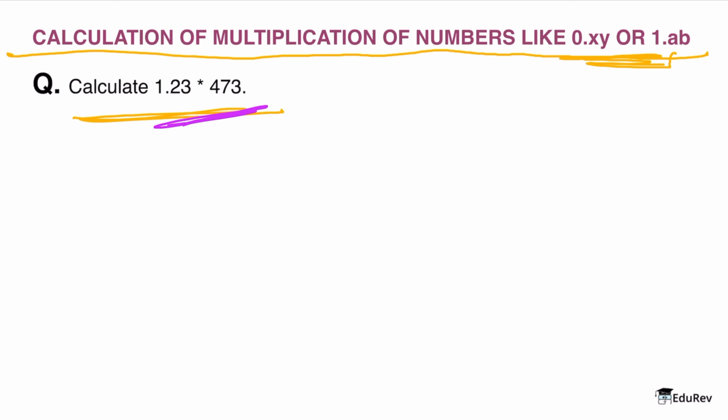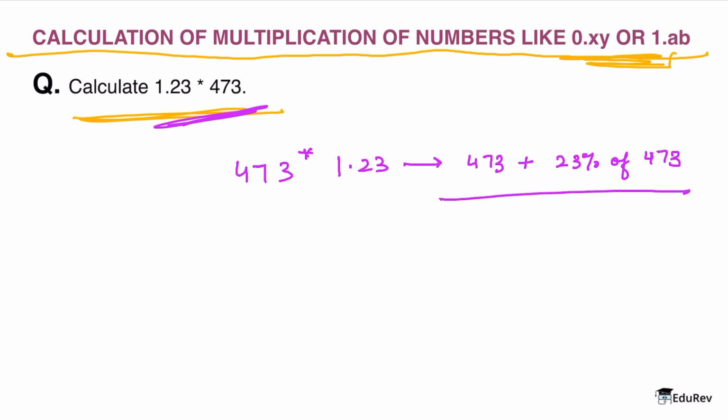This means I can write 473 times 1.23 as 473 plus 23% of 473. Correct? I hope it's understood.